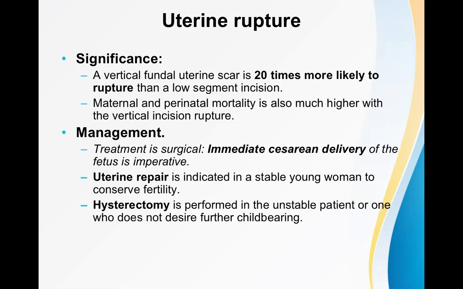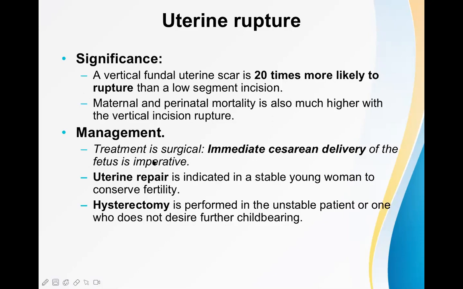And remember, this is a thinner and stretchable part. But the upper uterine segment is very thick and it is a contractile part. So if somehow they have given an incision there, that part will become weaker. So it has a high chance of rupture. That's why we do not give an incision in the upper part of the uterus these days for the cesarean section.